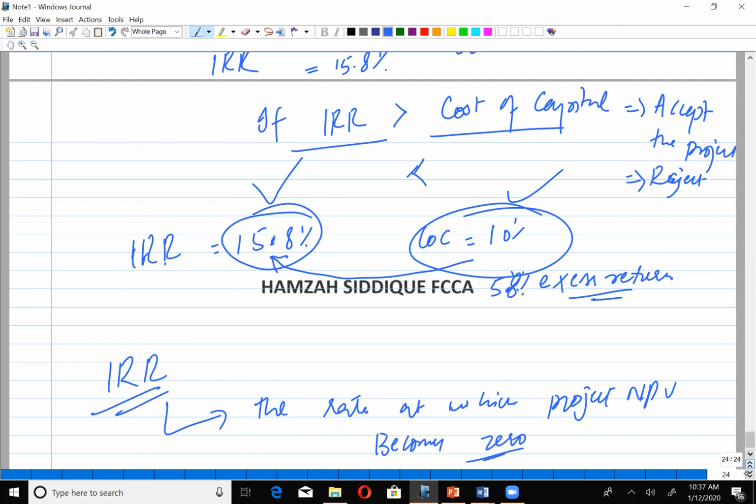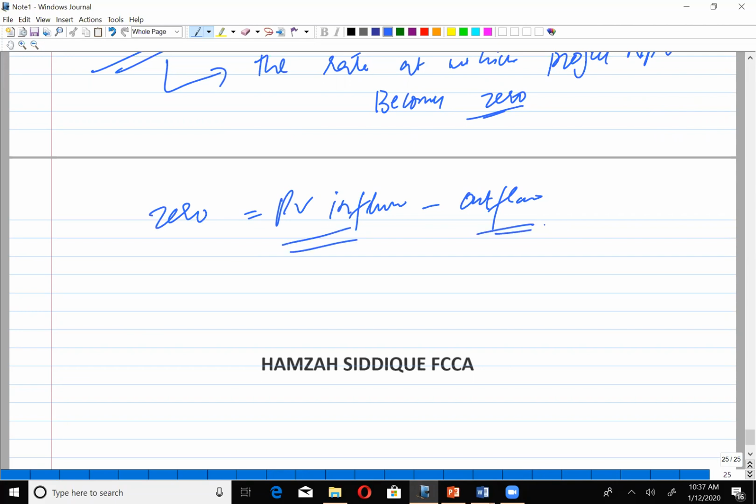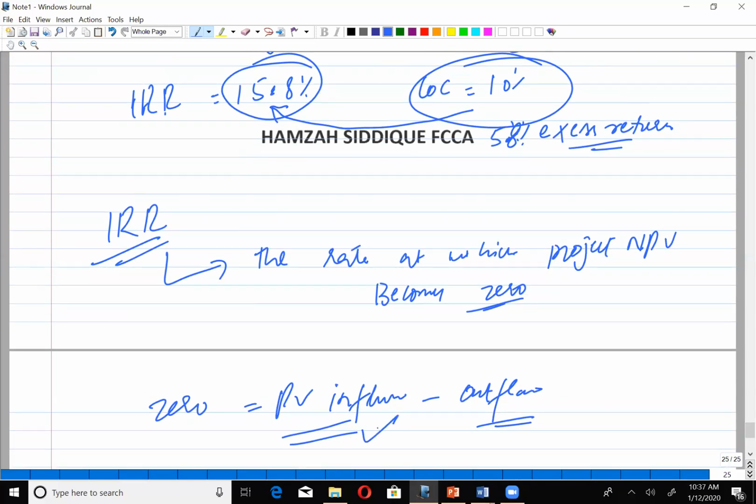What does zero NPV mean? It means that present value of inflow minus outflow is equal to zero, so inflows are equal to outflows in present value. It means you have deducted the return from it.